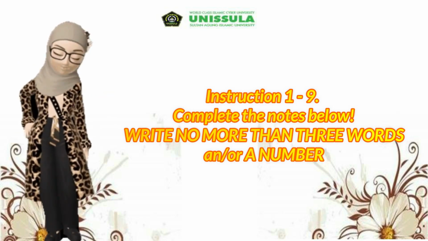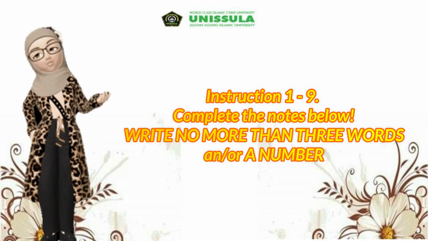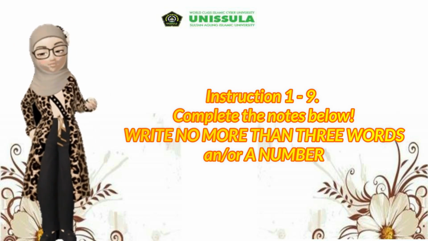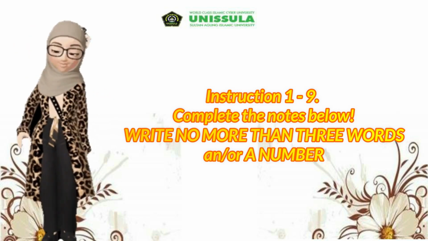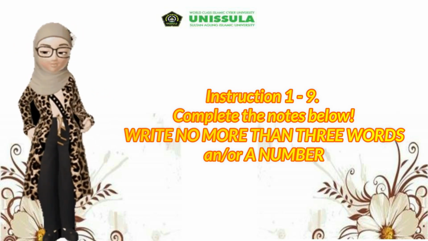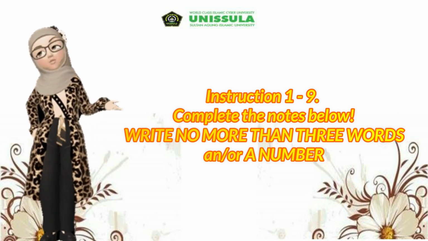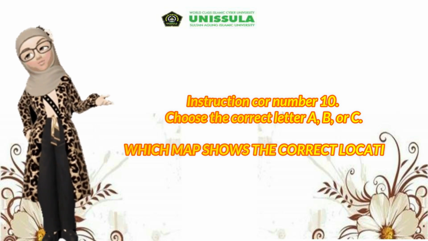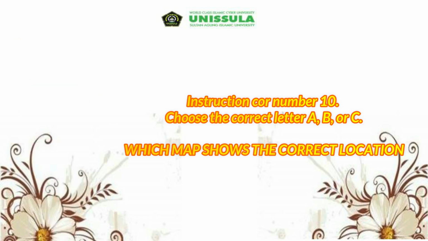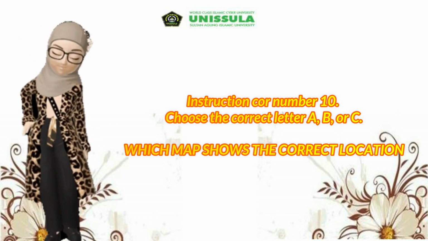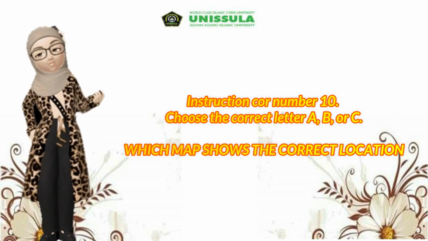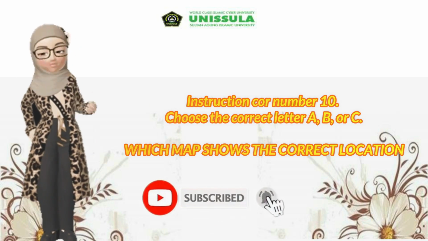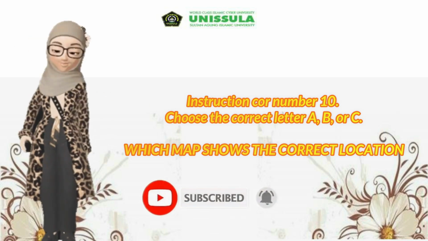Okay, so you have to put 3 words, not more than that, or a number. And then for the second instruction, for number 10, choose the correct letter A, B or C. Okay, so for number 10 here, you will choose the correct picture based on the audio.